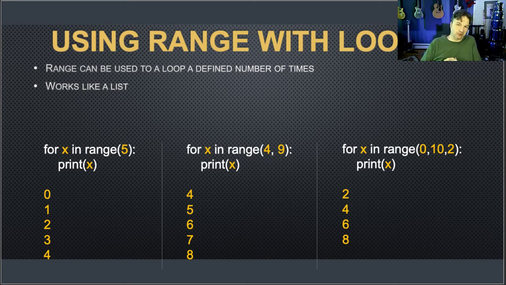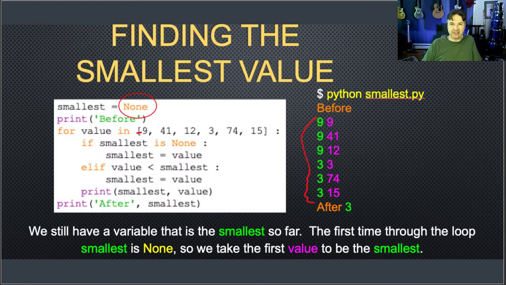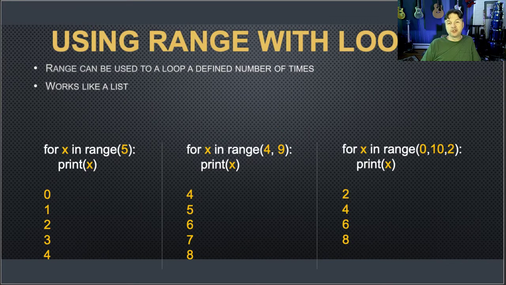All right. One last thing to look at, range. So range works exactly like the values we were using. When we use this in a list, we have a fixed list of numbers. Well, we may want to have just a generic number, like for value in 30. The way we would do that is by using range. So the way this works is for x in range 5, print x.